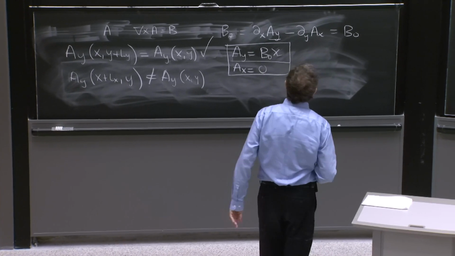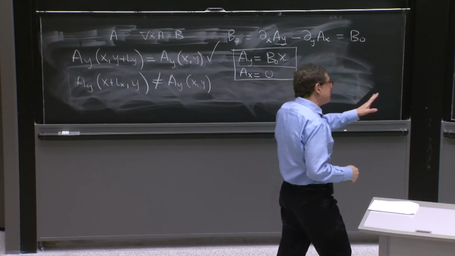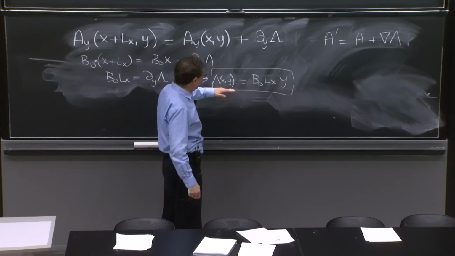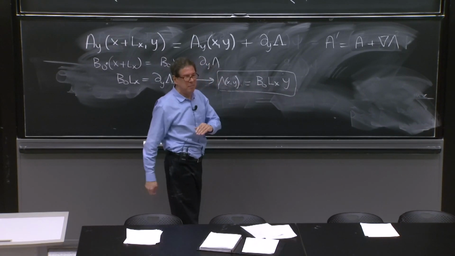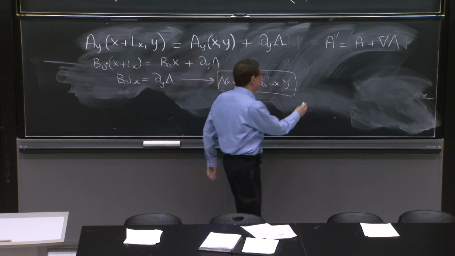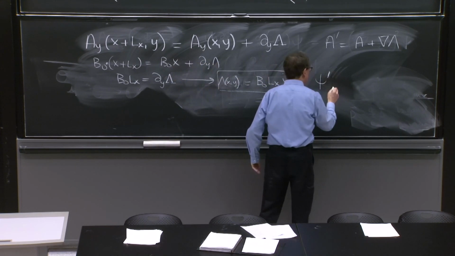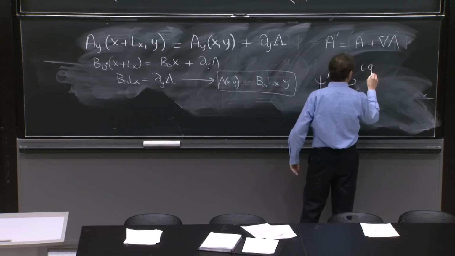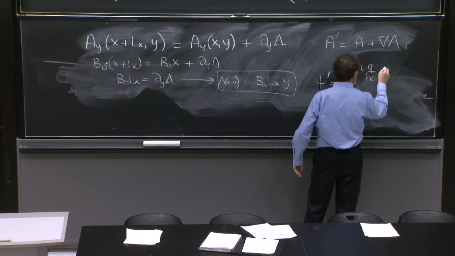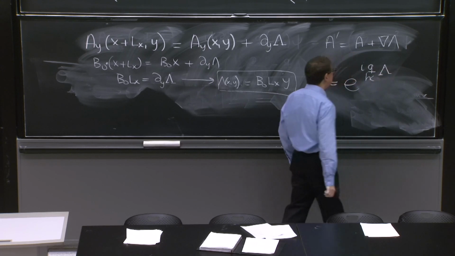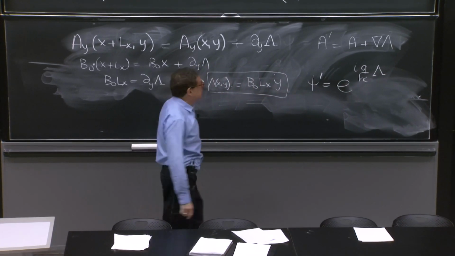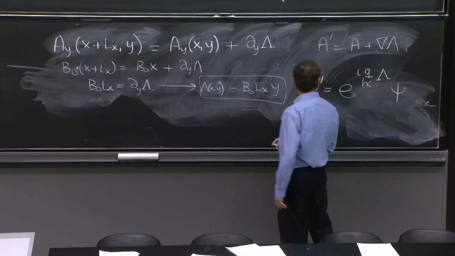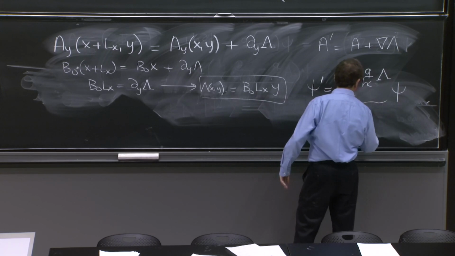It seems like an endless amount of complications, but we're near the end of the road now. The thing that comes to our rescue is that lambda, in fact, doesn't quite have to be that well defined. Why? Because the gauge transformation of the charged particle says that you need to multiply psi by e to the i q over h-bar c lambda. That's how you do gauge transformations. Remember, this is the U thing.